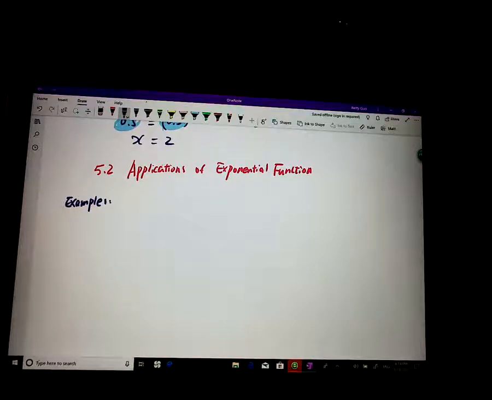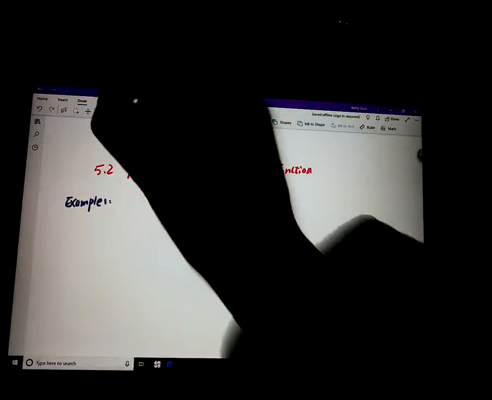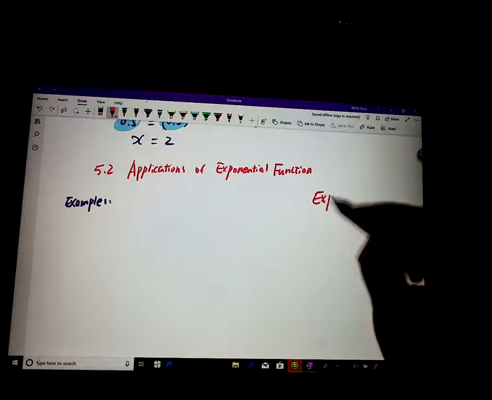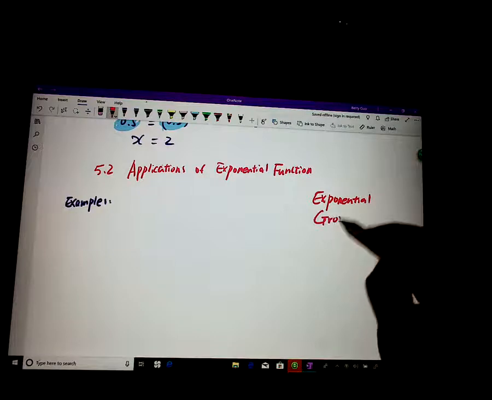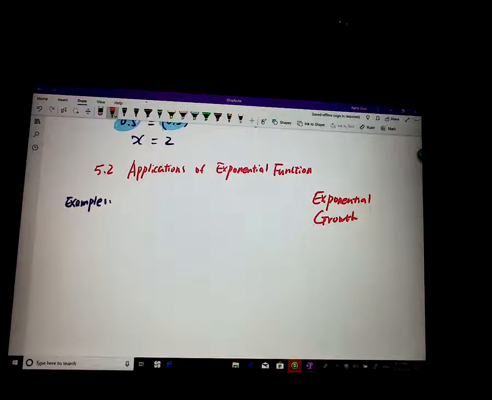For an increasing exponential function, we have a special name for it. We call that exponential growth. Let me write it down. Exponential growth. It is pretty common in real life, actually.